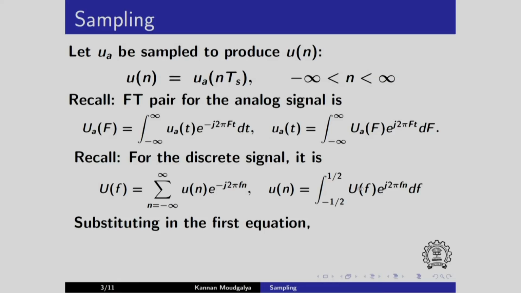What we will do is, we will substitute the expression for u_a from here, that is the analog expression. For the discrete time, we will substitute from here and we will get a relation between the continuous time Fourier transform and discrete time Fourier transform. So let us substitute here.